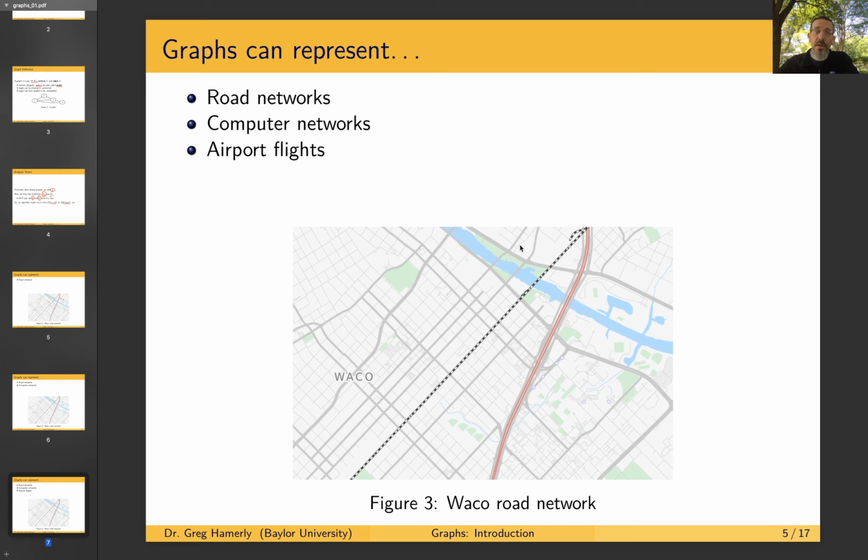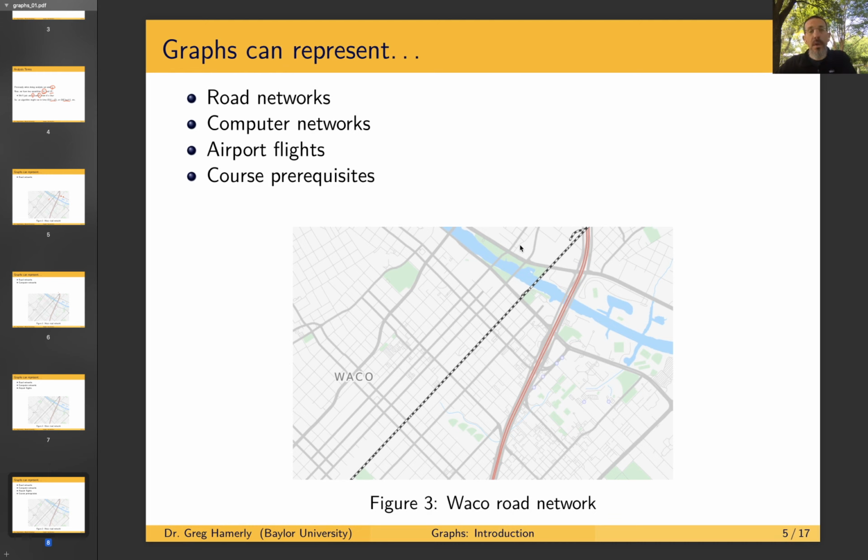Airport flights: if you're trying to get from city A to city B, you might have to go through an intermediate city, city C, right? If you're trying to fly from Waco to New York City, you're probably going to have to fly through Dallas first. So the flights between cities can form a graph where the cities themselves are the nodes and the flights are the edges connecting the cities.